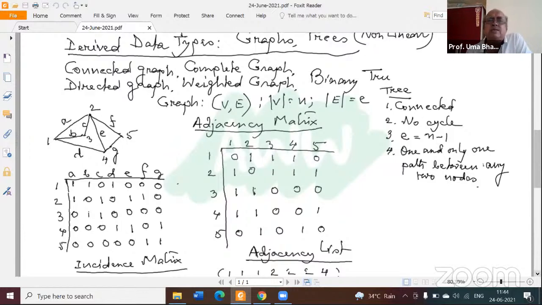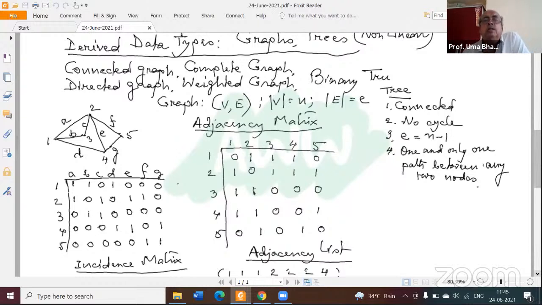These are self-explanatory. In the adjacency matrix, we have n number of rows and n number of columns, and we put a 1 whenever there is an edge, and 0 otherwise. Sorry, I made one mistake. I'm talking about this adjacency matrix, not this one.